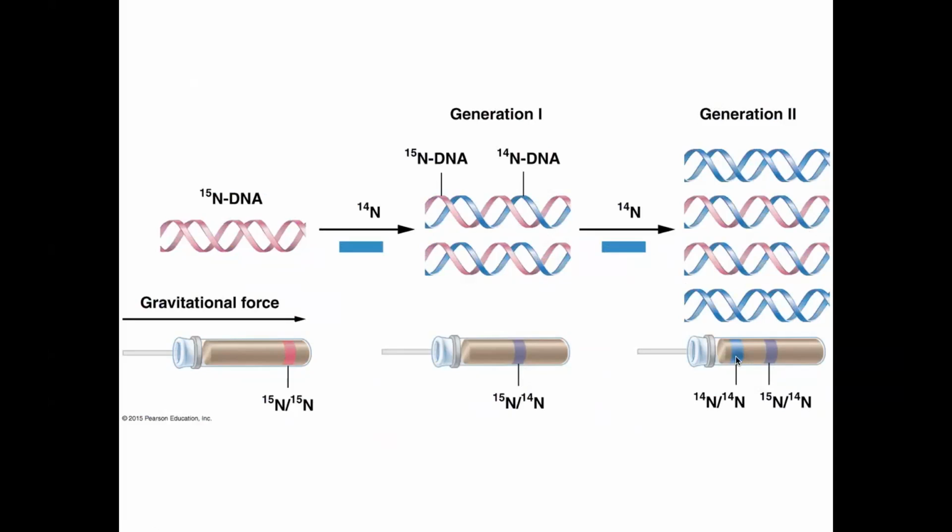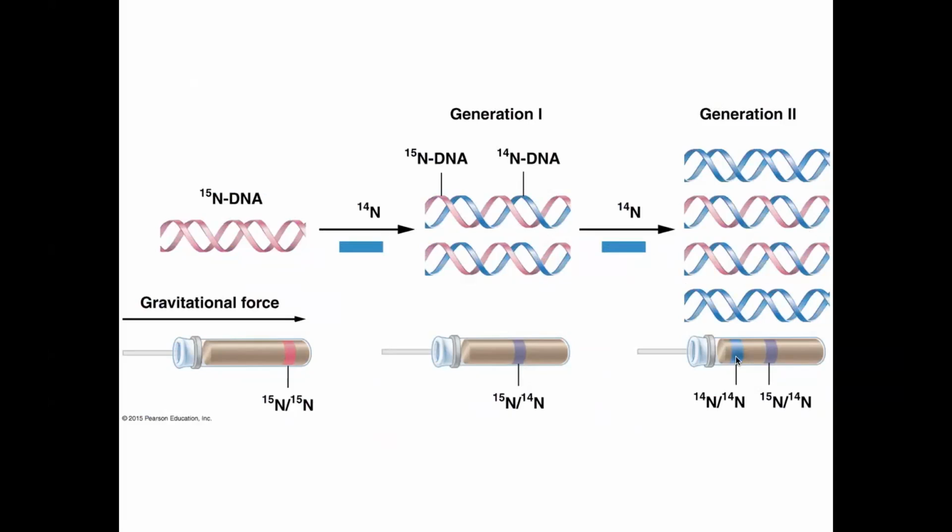Okay, so just like I said with the discovery of DNA as the carrier of genetic information in previous lectures, once you answer the question in one organism, you have to show that it's universal. So you have to do similar experiments in other organisms.